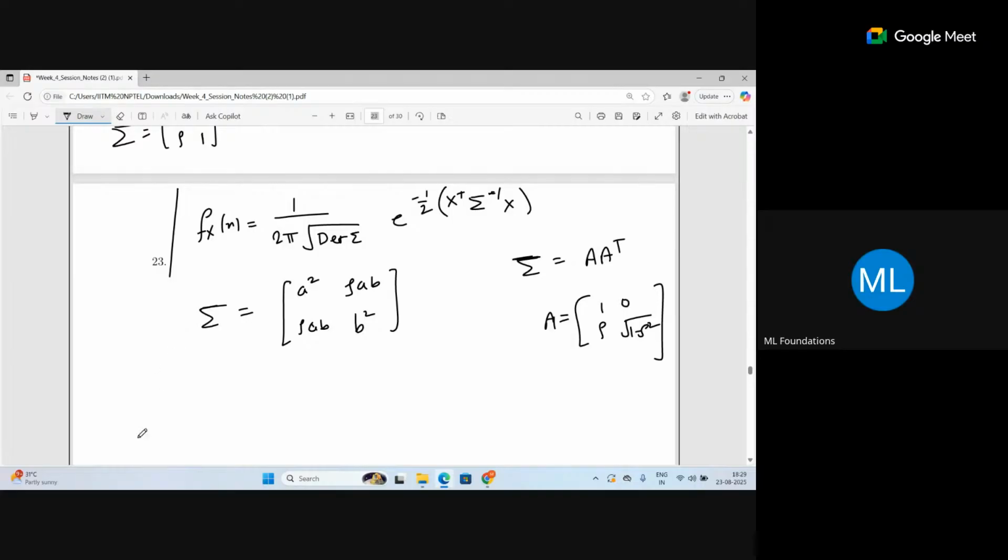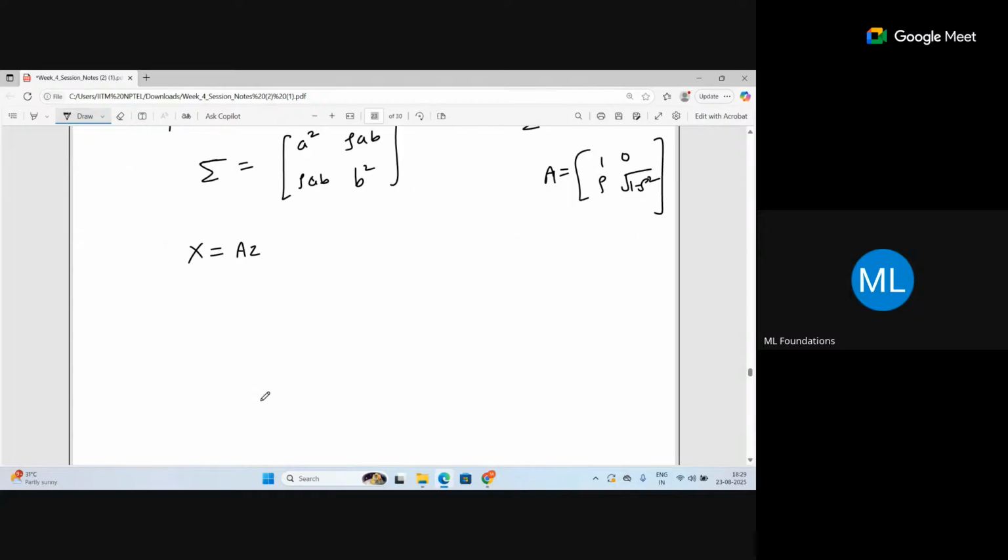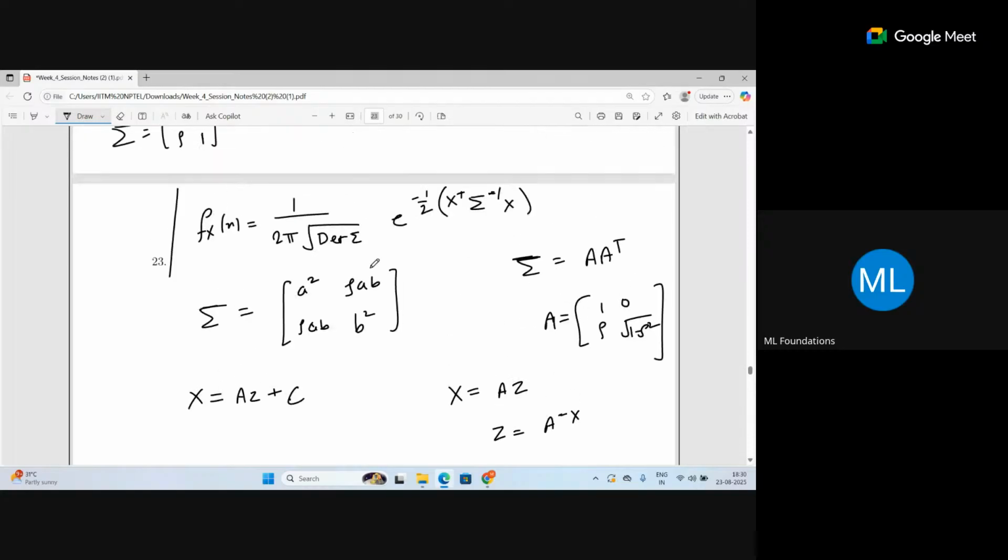Now, one more thing we haven't seen: we have seen this derivation only for x equal to A z. But what if I wanted to add some constant c, so x equals A z plus c? In that case, what will my z be? Previously I had x equal to A z, then z was equal to A inverse x, and based on that we found this joint density.